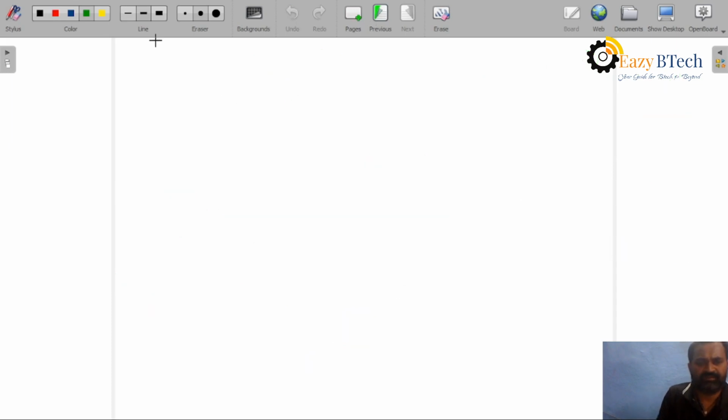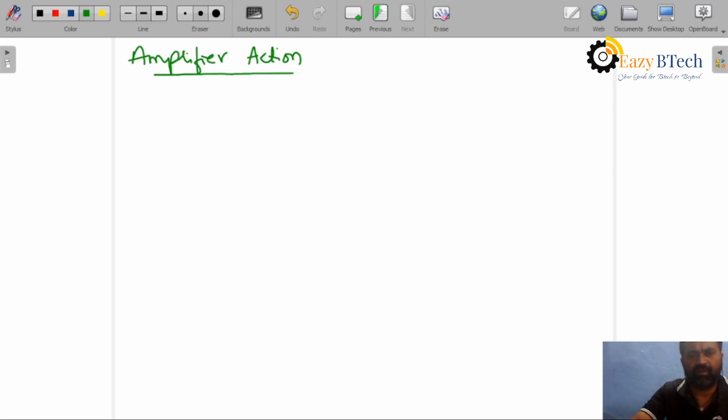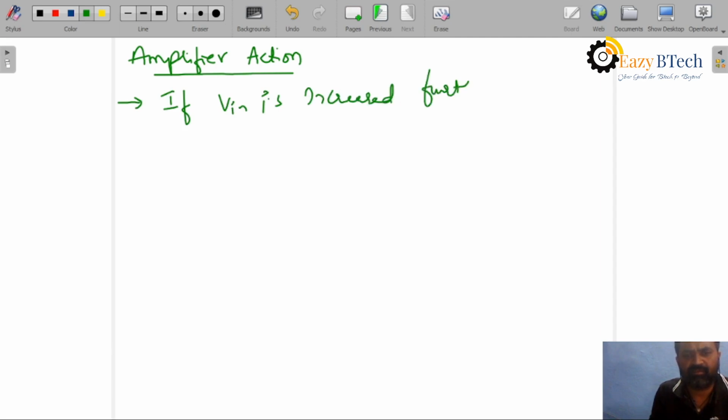Next, how the amplifier action we will see here. Amplifier action. If V in is increased further, then what happens?